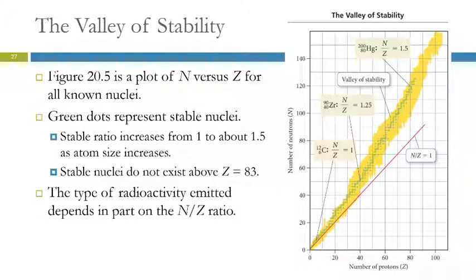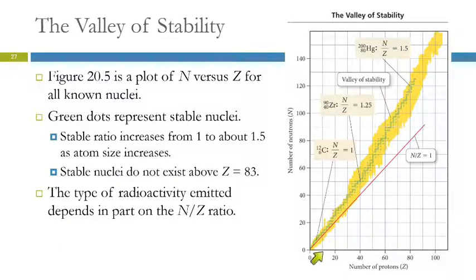So this graph depicts what's often called the valley of stability. What they're graphing here is number of neutrons versus number of protons. The green dots, they look kind of gray to me, but those dots are stable nuclei.